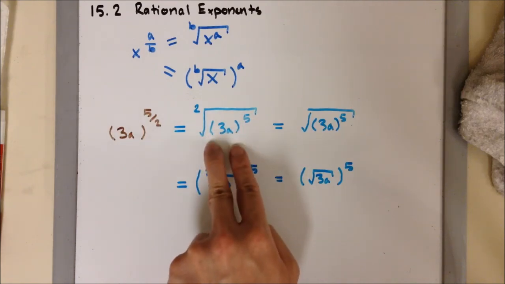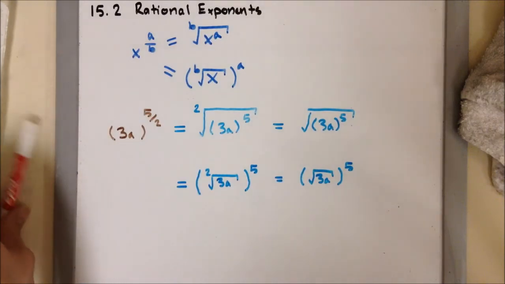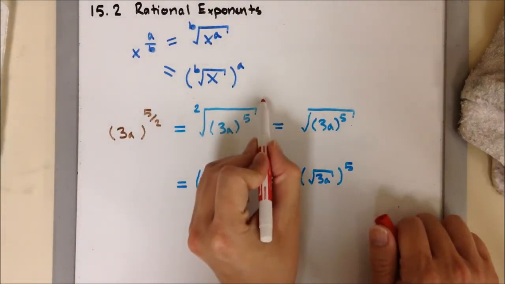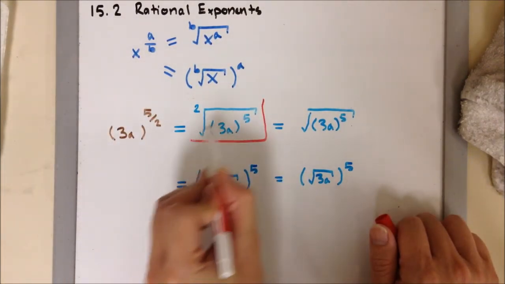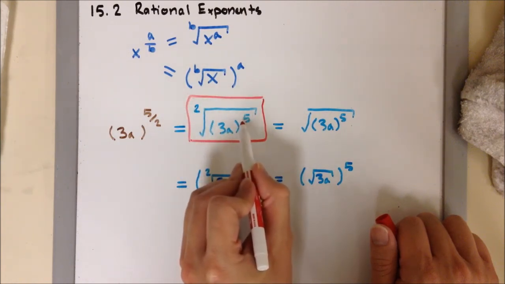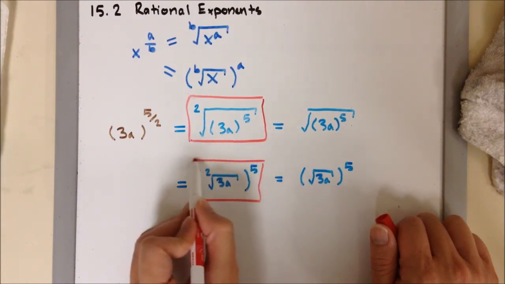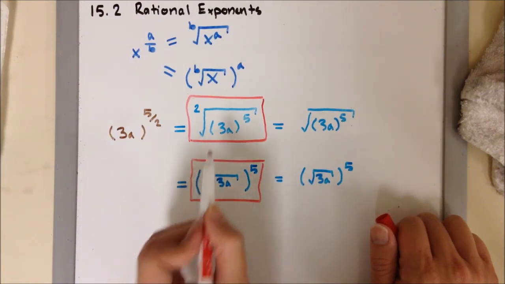Make sure you include parentheses on the 3a when you put the exponent inside the radical. So again, this is our final answer. I can accept this form where the power of 5 is inside the radical or where it's outside the radical. Either form works.